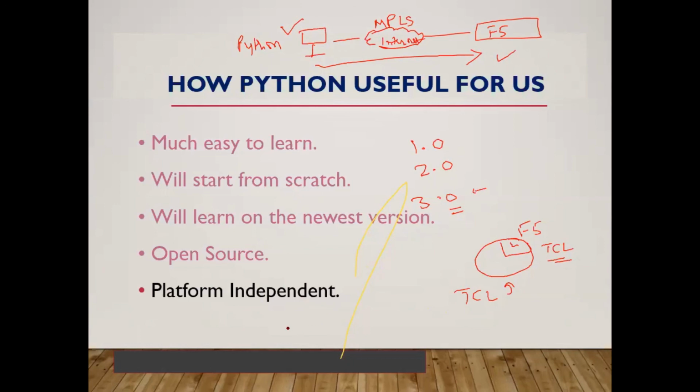Python can run on Windows and on a Linux machine as well. When you are writing the script, it hardly matters, you just need to be aware of the script. The same script will work on Windows and the same script will work on Linux, without any tweaking or changes.